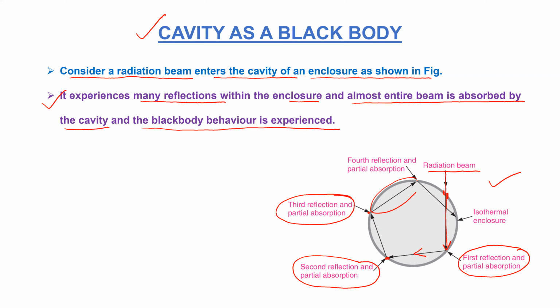Similarly, this is the fourth reflection and partial absorption, and then this is the fifth one. A point will come when the whole of the energy which is entering this small hole is totally absorbed by this cavity. So basically a cavity will behave as a black body.